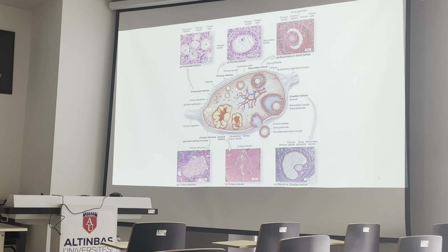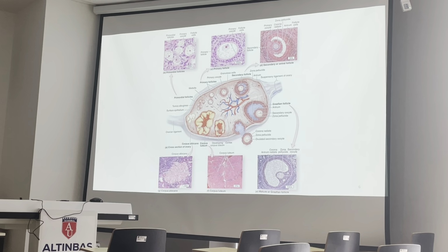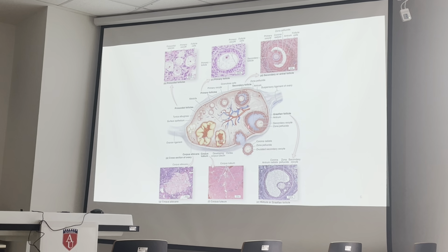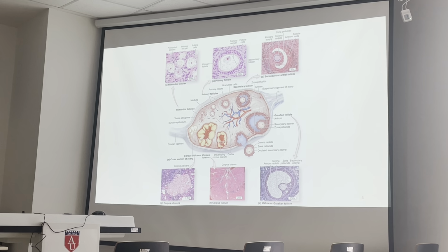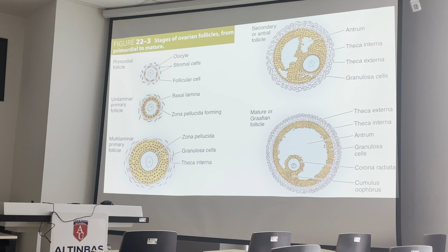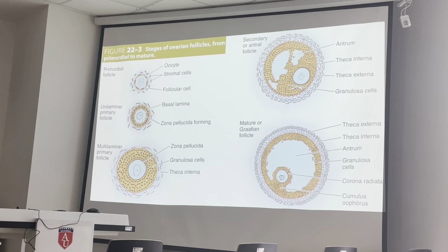And here you can see more than one follicle goes to the folliculogenesis stage, but only one or two of them can reach the Graafian stage, and the rest of them go to atresia. Again, here you can see different types of follicles.